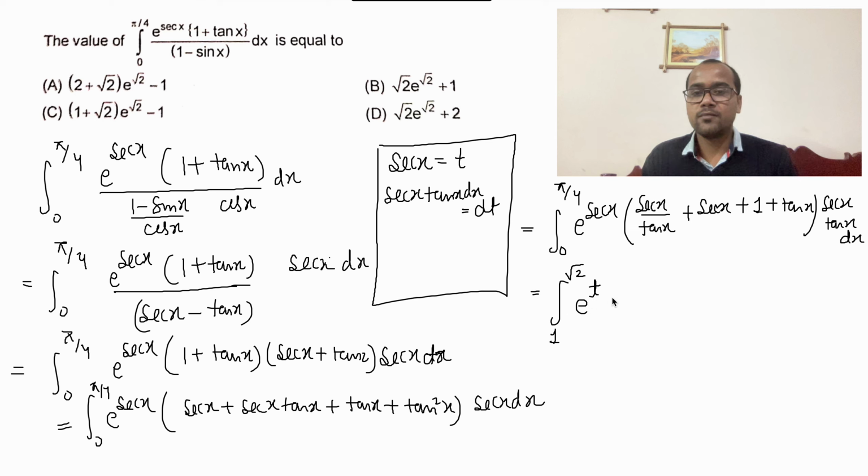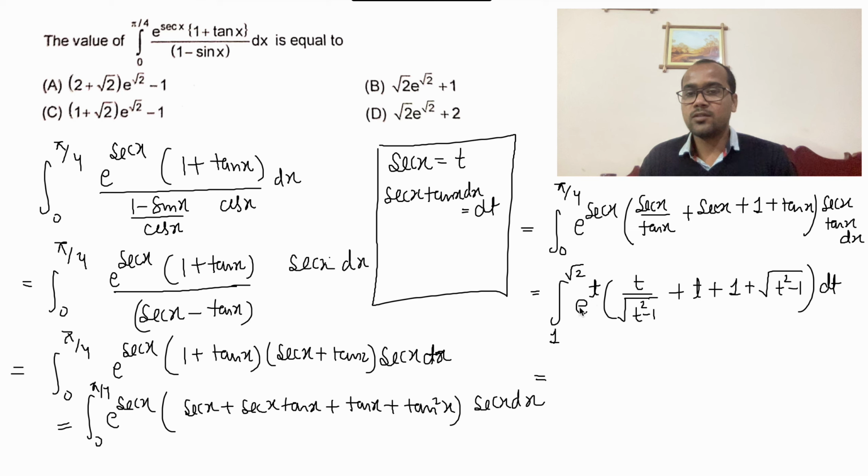E to the power t, this will become t upon tan x, which can be written as under root sec square x minus 1, which is under root t square minus 1, plus this is t, this is 1, this is again under root t square minus 1. Sec x tan x dx will be dt. Now our integration is converted into e to the power t and bracket dt. So inside the bracket I will have to search for f(t) and f dash (t) functions.